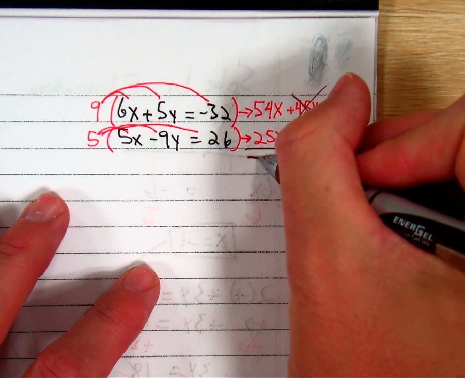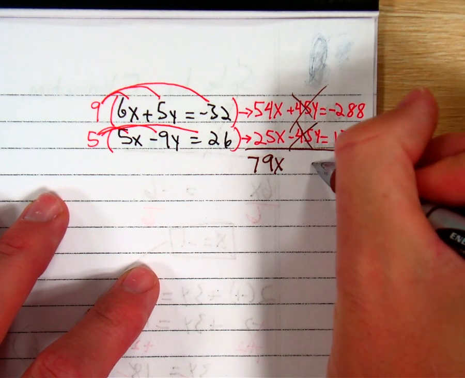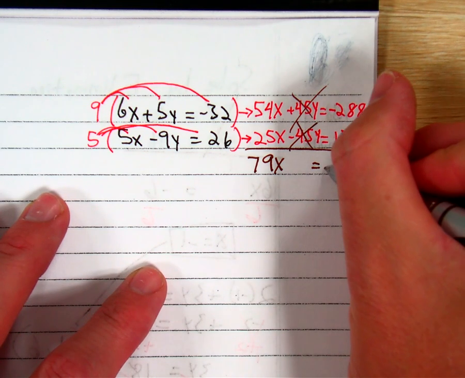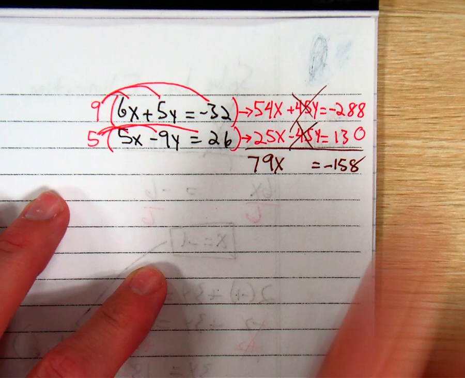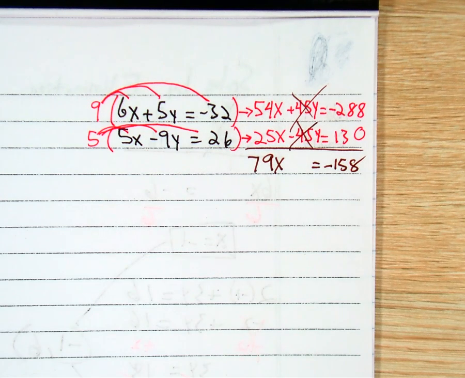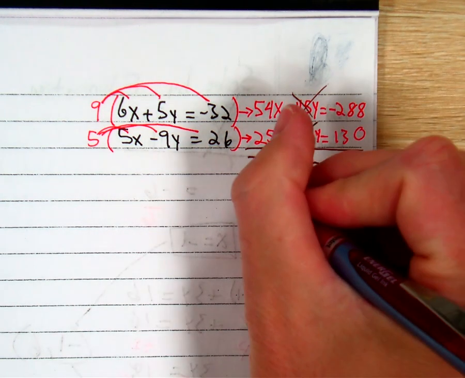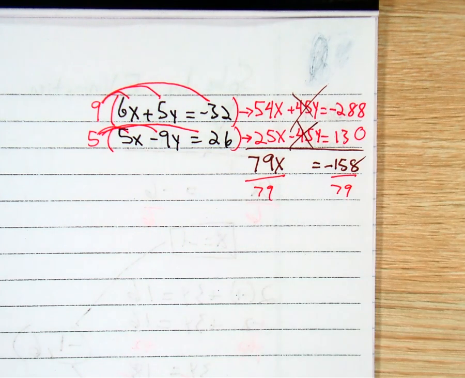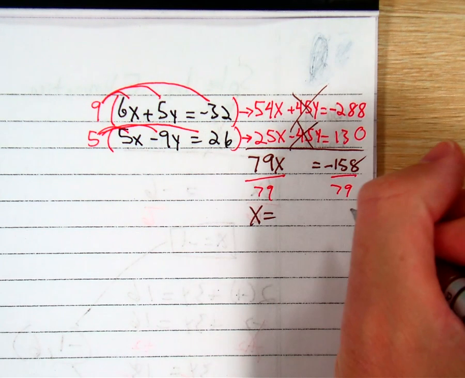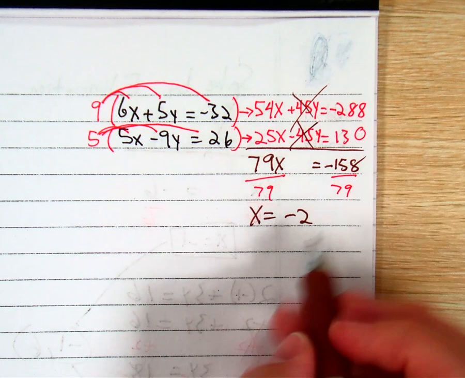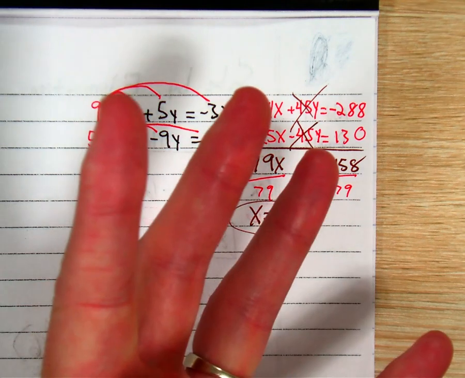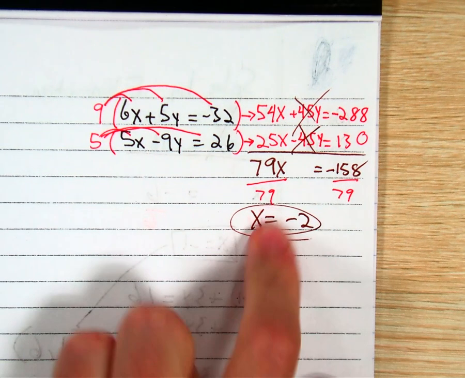Our x's will have 79x, and negative 288 plus 130, we're going to have negative 158. Divide by 79. X equals negative 2.